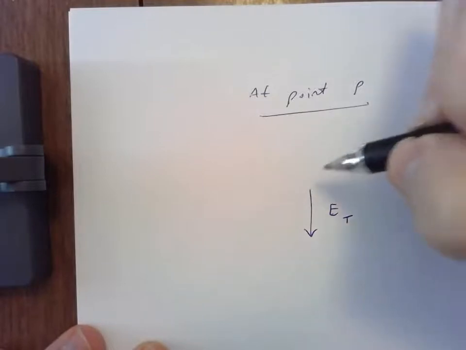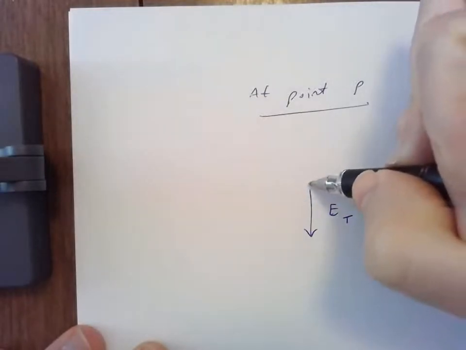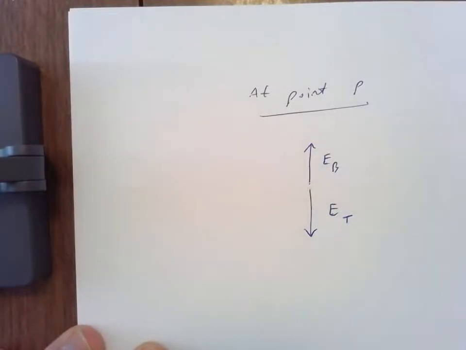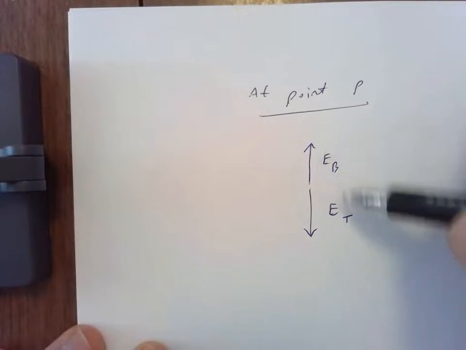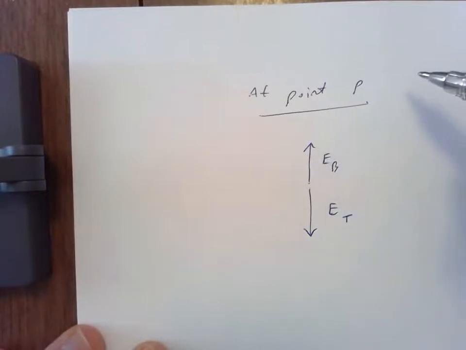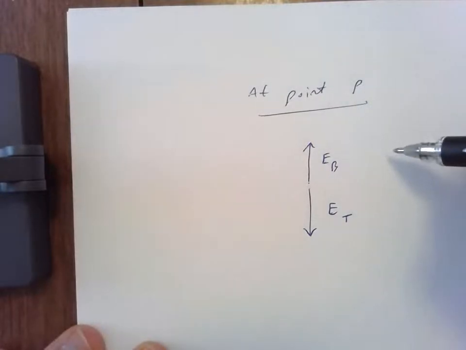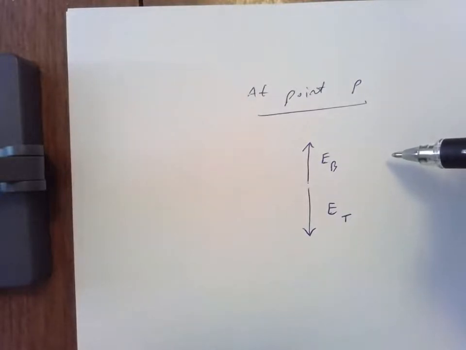Q bottom would also repel a positive test charge, so its electric field would be up, directly away from Q bottom. And I drew these two vectors the same length because we know that at point P, the net electric field is 0. That's what's shown by there not being any electric field lines there.